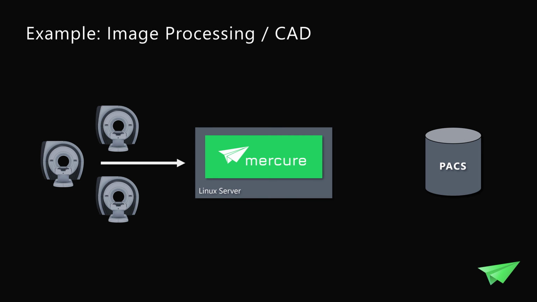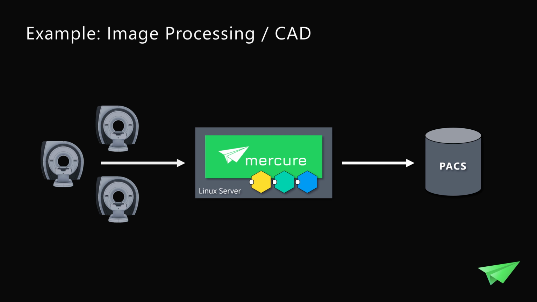And here on the Mercure server, you can define rules so that depending on the type of study that has been performed, your algorithm will be launched by Mercure and the algorithm will be applied. And then the results are pushed into the clinical PACS so that the radiologists can look at the results together with the other scans for the patients, and this is happening fully automatically.